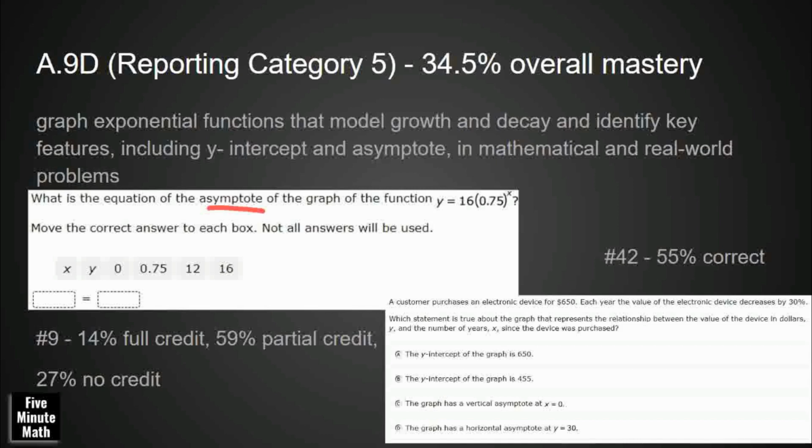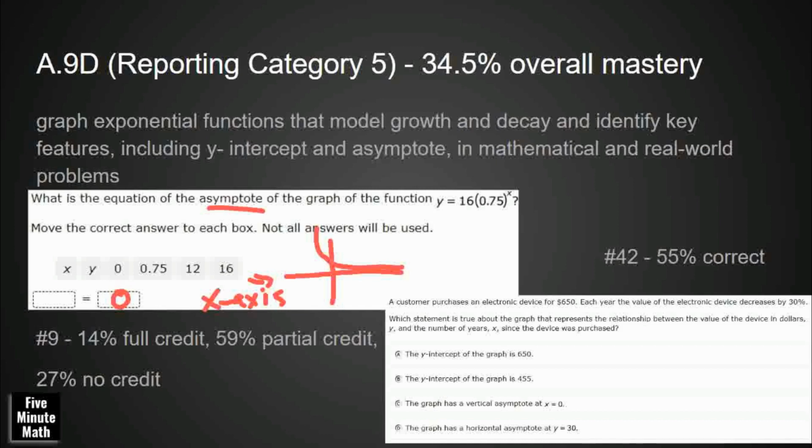And look at this. The answer, if you don't remember, is on the asymptote. It kind of looks like this. It's right there on the x-axis. But how do we graph that? You had 14% get both points. 59% get partial credit. We don't know, but this is my inference here: if 60% of us get partial credit, we know that it's a 0, but it's on the x-axis.